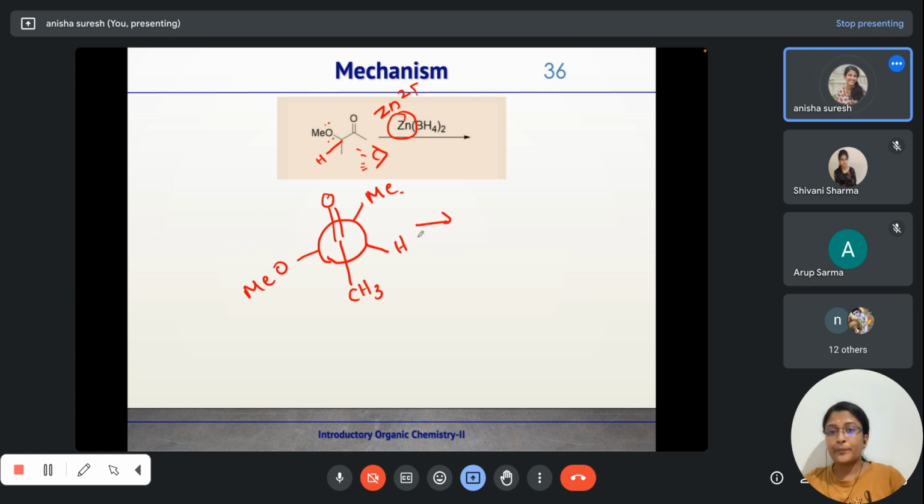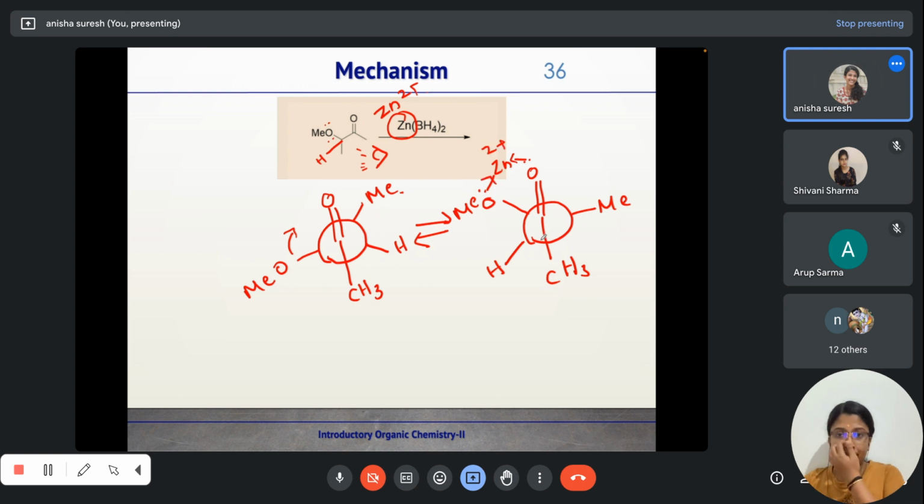But now, since this can undergo chelation, this will move closer to the carbonyl, and this will shift in this direction. So the structure will be double bond O, CH3, hydrogen, Me, OMe, and this can chelate with Zn2+.